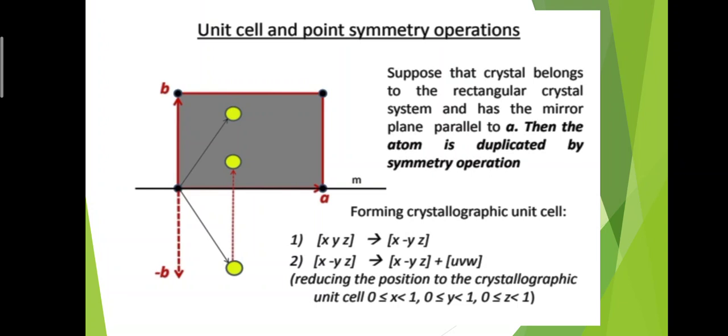Reducing the position to the crystallographic unit cell, 0 is smaller than x is smaller than 1, 0 is smaller than y is smaller than 1, and 0 is smaller than z is smaller than 1.